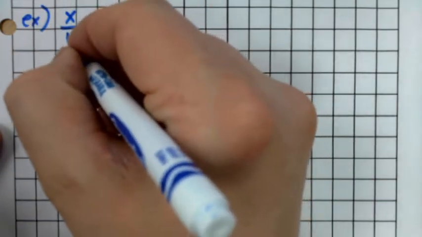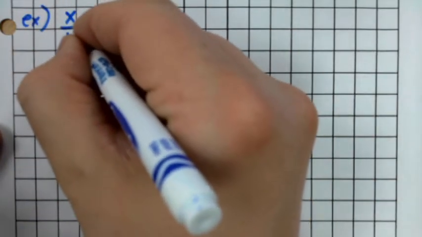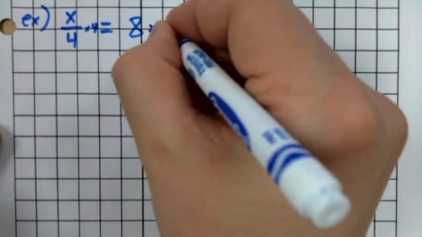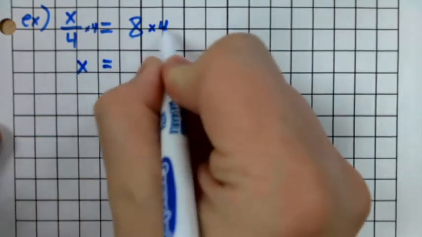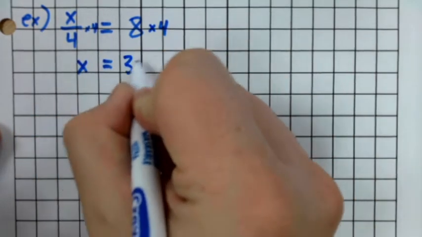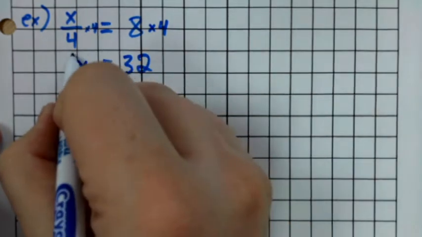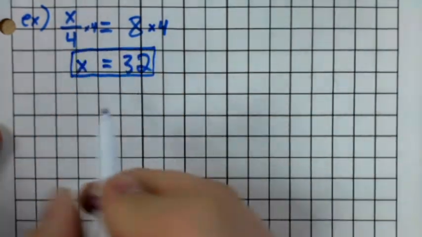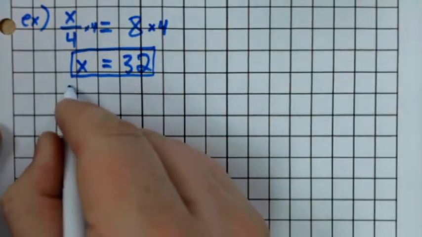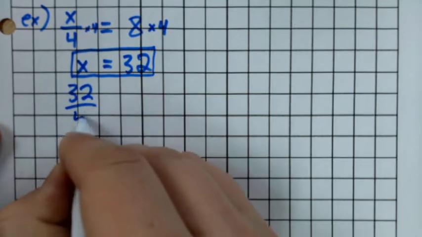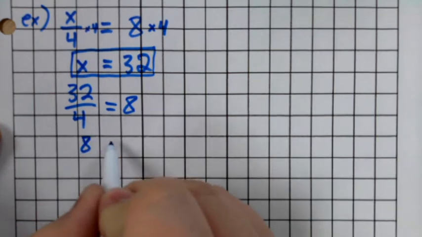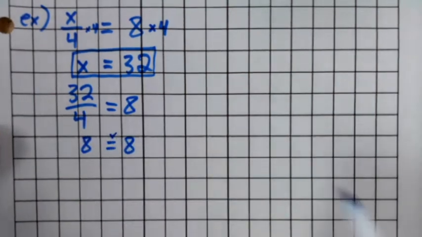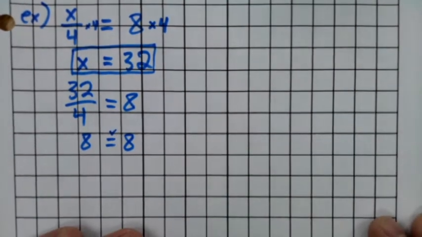Well, it's just going to be what's on the bottom. Because this is divided by 4, we're going to multiply by 4. And that means we need to do it to the other side as well. So what we're left with here is x, and then 8 times 4 is 32. Verify. What is 32 over 4? Does it equal 8? 32 divided by 4 is 8, and so it's verified.